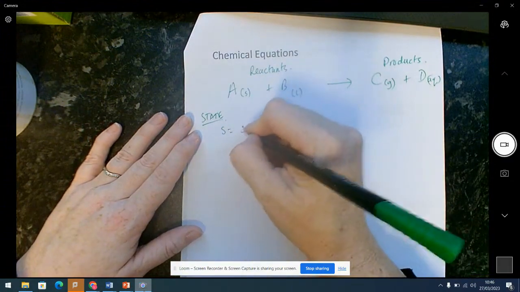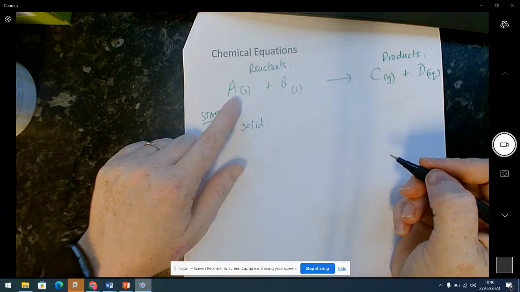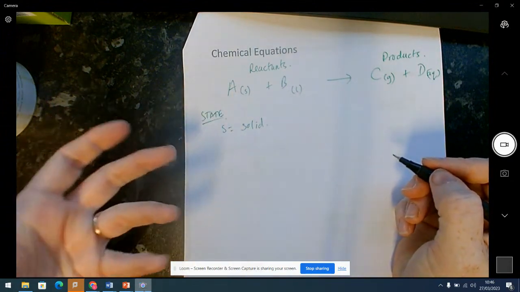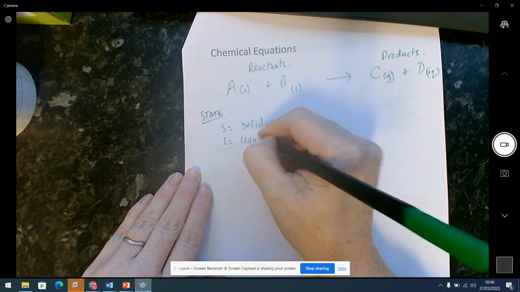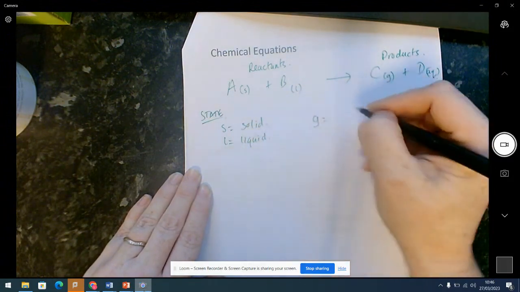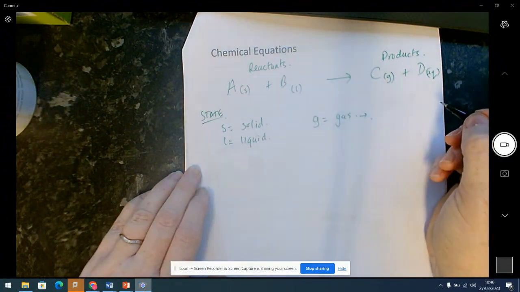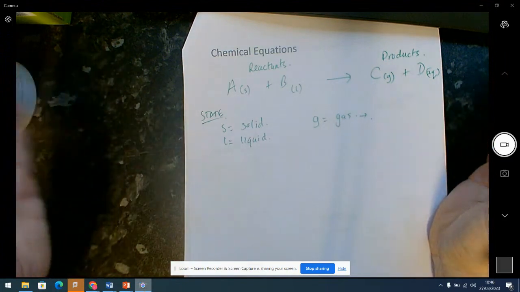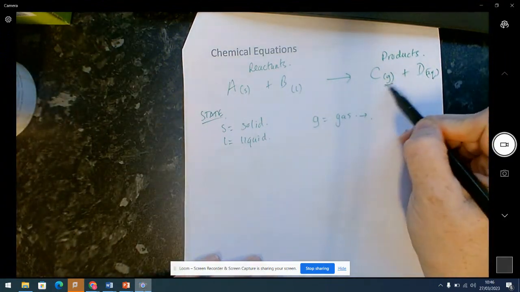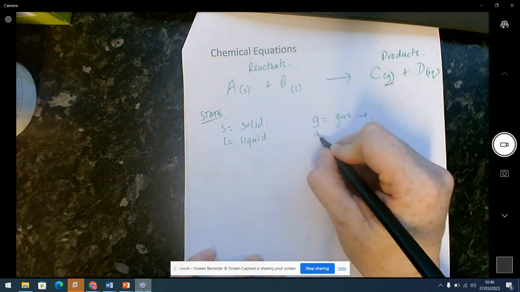So S equals solid, and it's important you notice the S symbol when it comes to things like precipitates. L equals liquids. G equals gas. And again, gas comes up quite a bit when we're looking for things like conservation of mass. Why don't we have the same mass on each side? Well, gases can obviously escape, so it's important we're able to recognize the gas.